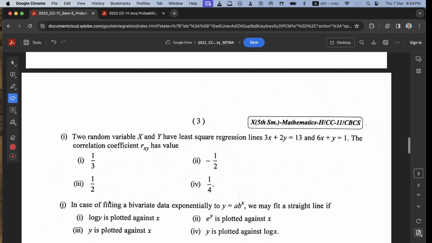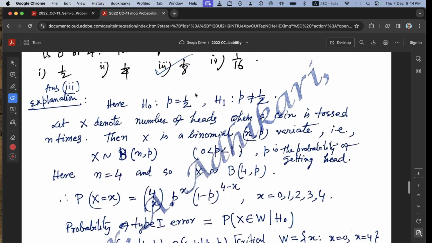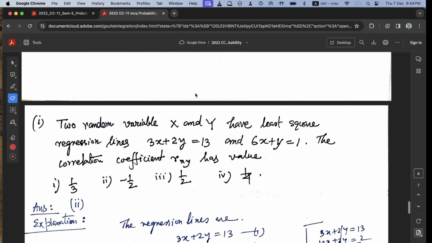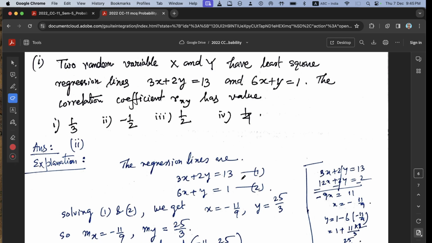Question I. Two random variables capital X and capital Y have least square regression lines 3x plus 2y equal to 13 and 6x plus y equal to 1. The correlation coefficient Rxy has value? The regression lines are 3x plus 2y equal to 13, 6x plus y equal to 1.